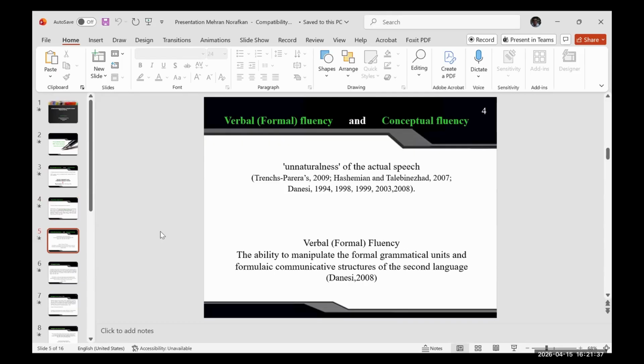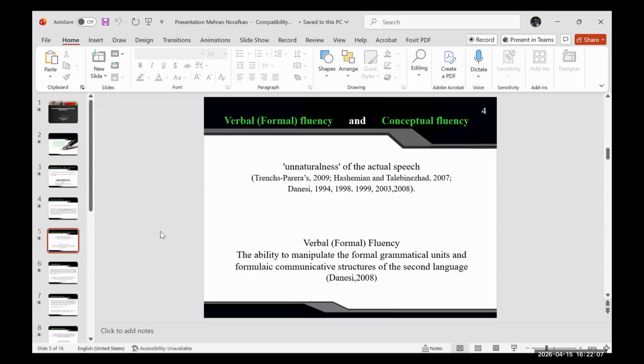Here, it's very important to find out what verbal fluency is and what conceptual fluency is. And the difference can highlight what we observe about those who learn English in a classroom setting and those who learn English through interactions with authentic sources.